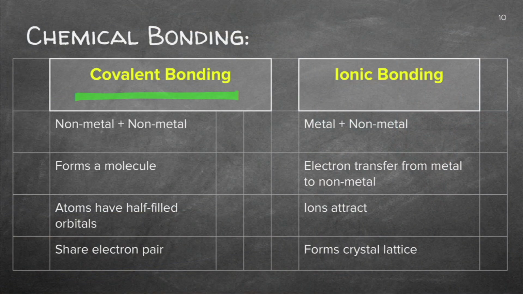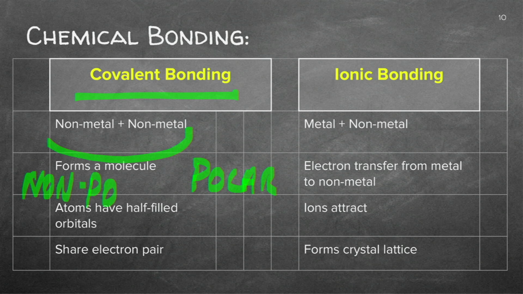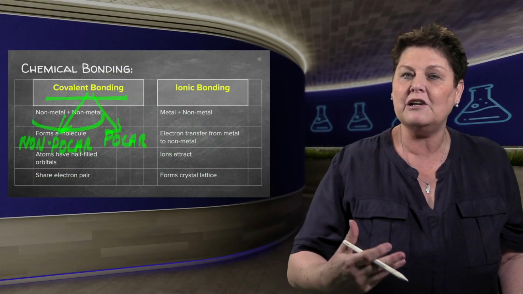So covalent bonds between non-metals and non-metals, but you can either find a polar covalent or a non-polar covalent. So we've got 2 types of covalent bonds, and then you know you also have ionic bonds. It's important work. You will use this later on when we do intermolecular forces.